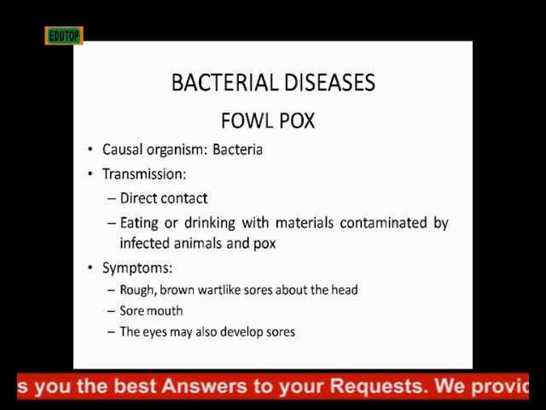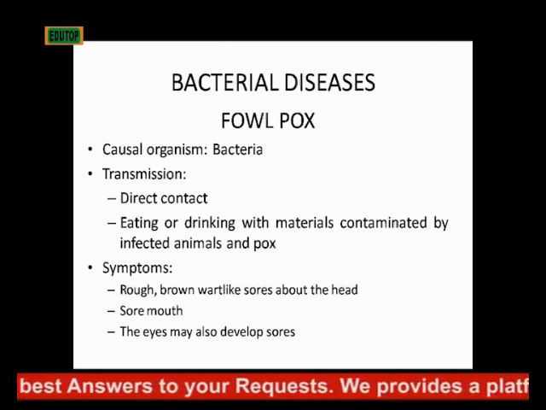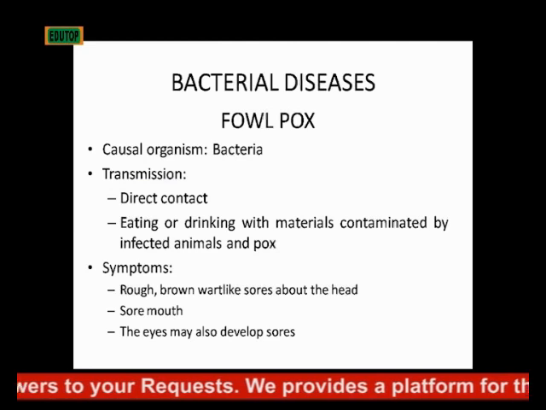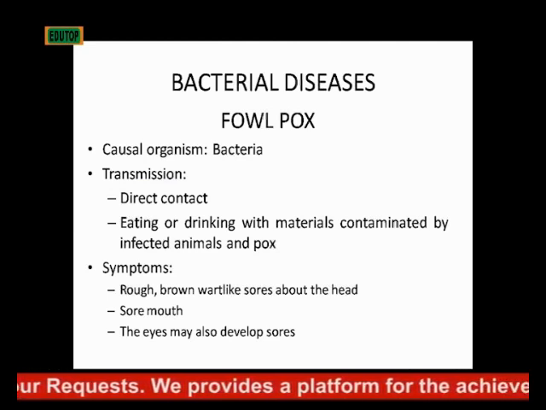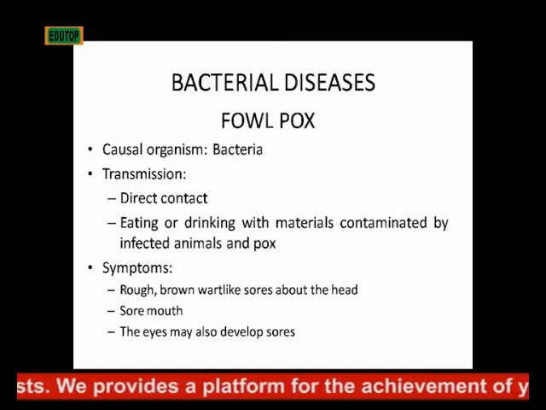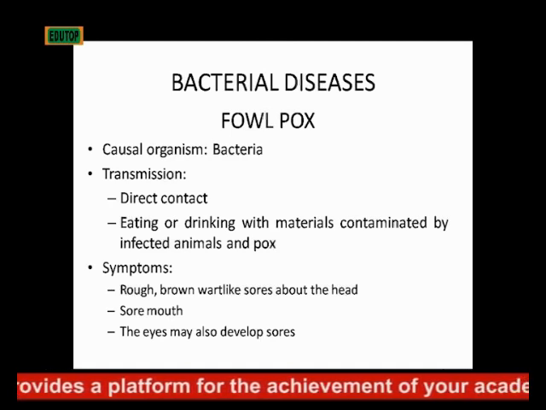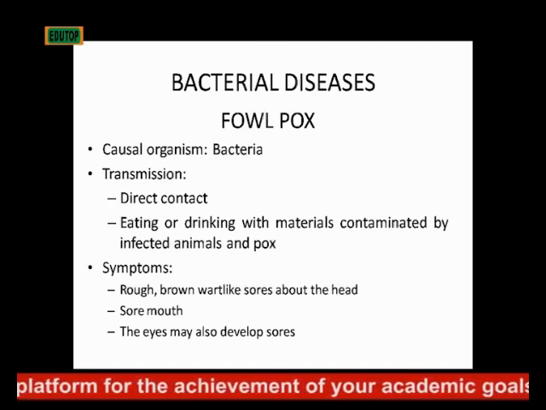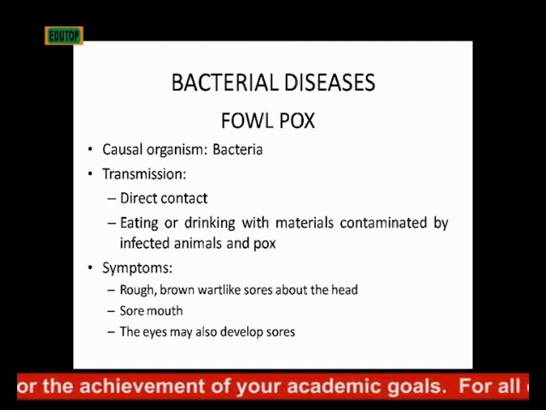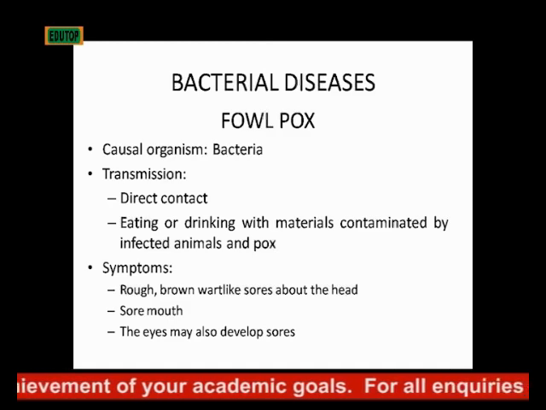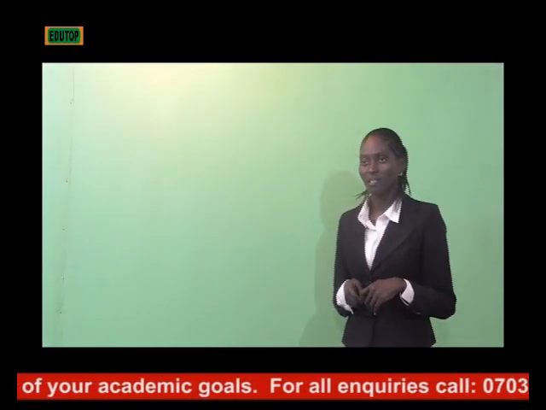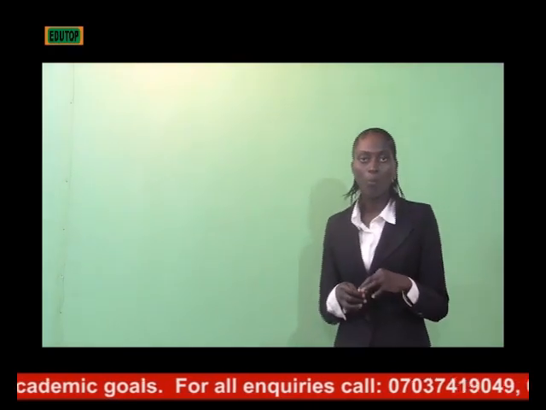Then the mode of transmission is by direct contact with infected animals. Then when the animal eats or drinks with material that has been contaminated by an infected animal, the healthy animal gets infected. What are the symptoms of fowlpox?